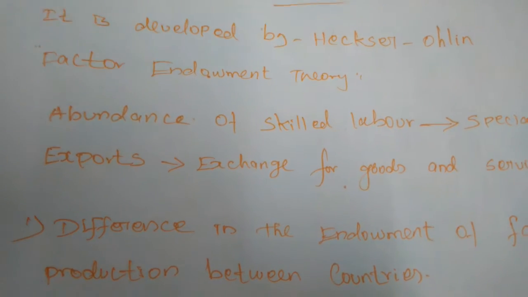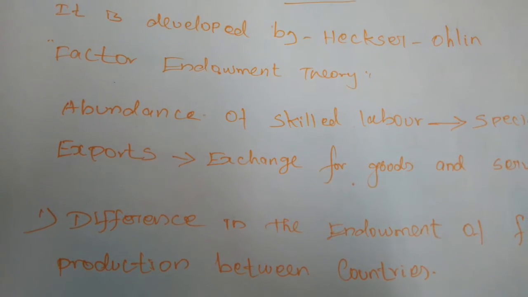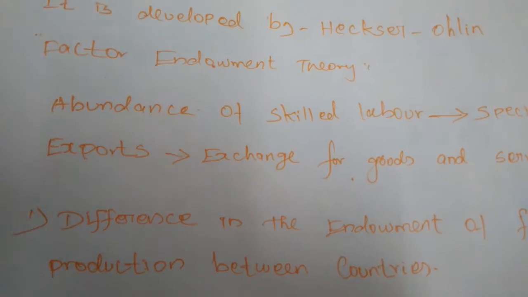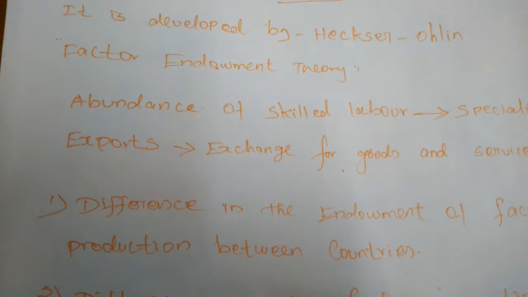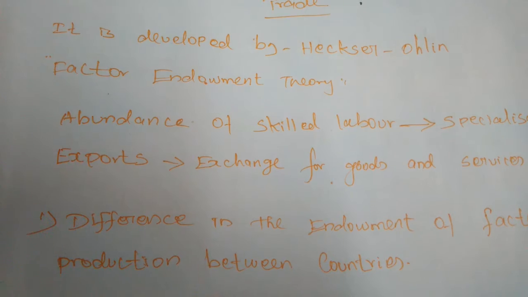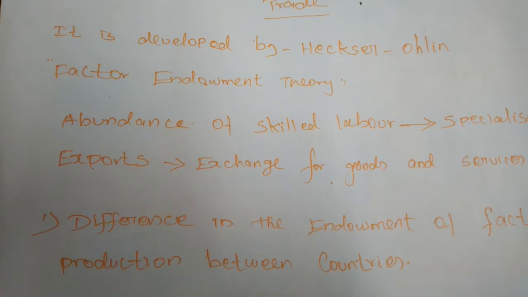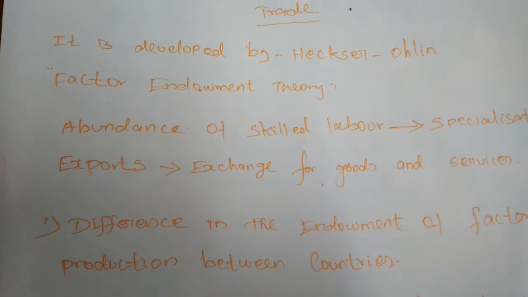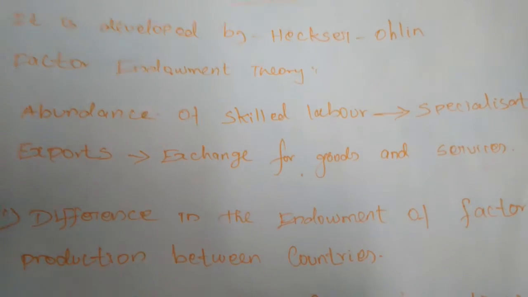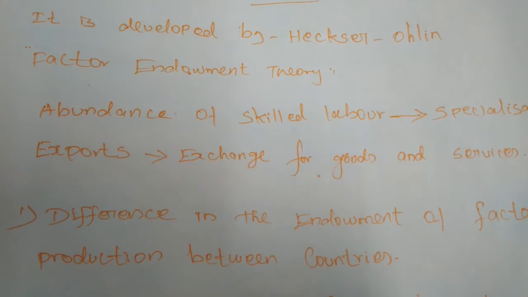But according to them, countries with relative factor abundance can specialize and trade. Countries with an abundance of skilled labor will have more specialization, and they can come to trade, meaning they can export more.